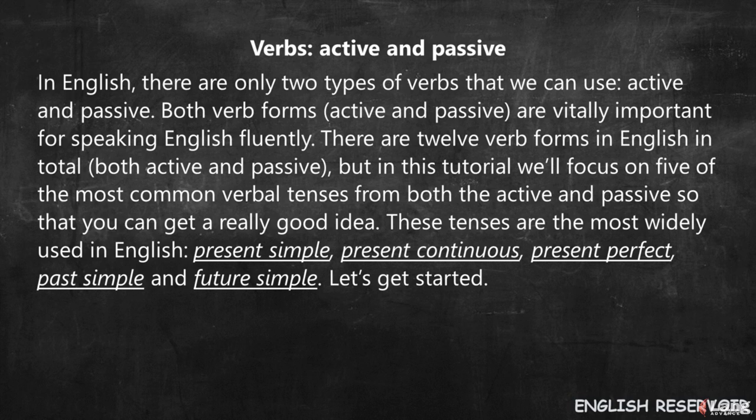But in this tutorial, we'll focus on 5 of the most common verbal tenses from both the active and the passive, so that you can really get a good idea. These tenses are the most widely used in English, as follows: present simple, present continuous, present perfect, past simple, and future simple. Let's get started.